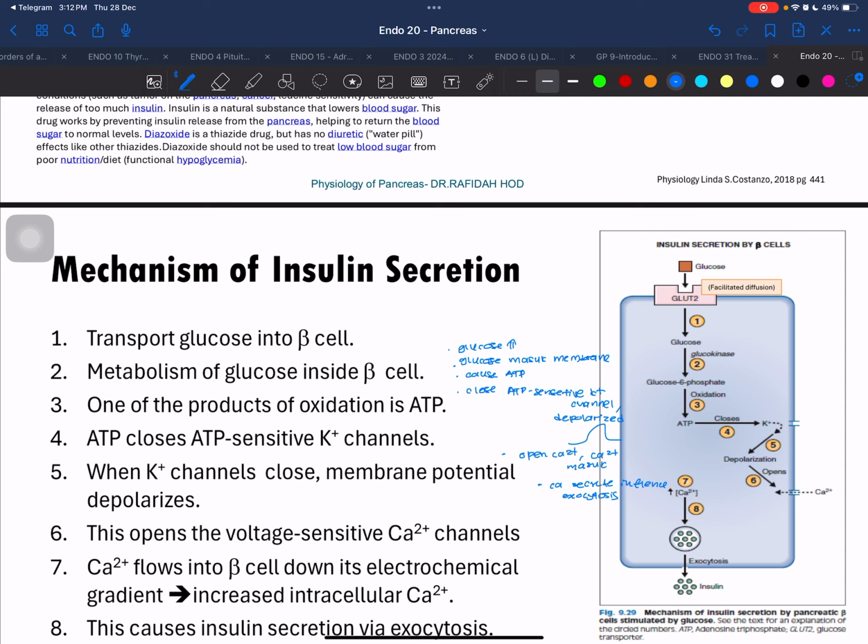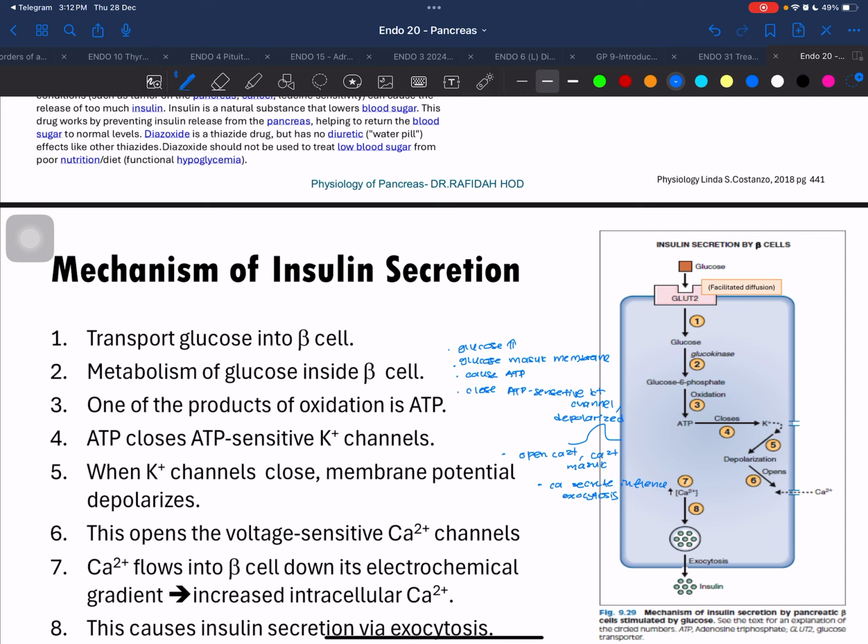So a lot of things can happen at every step. And what about these drugs? These are given to type 2 diabetes mellitus patients because they close the potassium channels. So when they close, it goes through all this and then eventually insulin will be released.